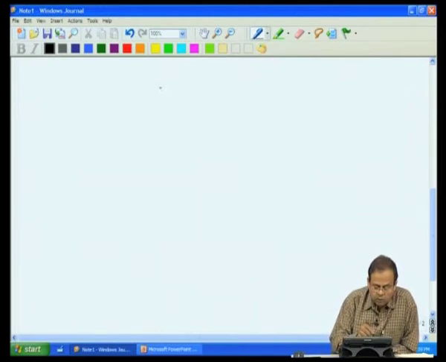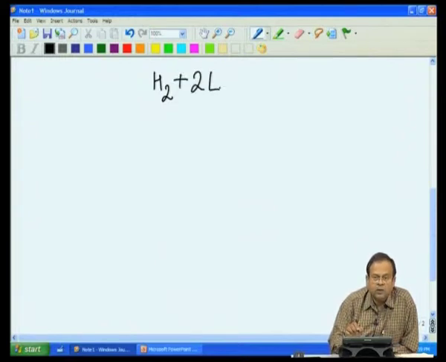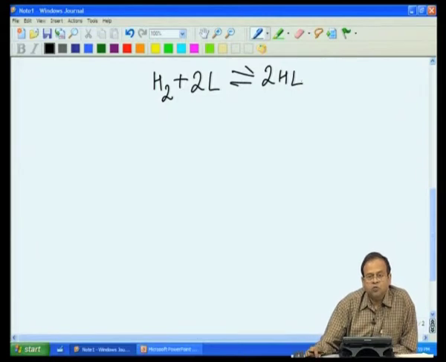So, the first step is, for example, hydrogen gas. So, we will write our mechanism of the reaction, and this is adsorption with dissociation. So, on two active sites, hydrogen molecule gets dissociated into atomic form and occupies each of the active site. So, HL.